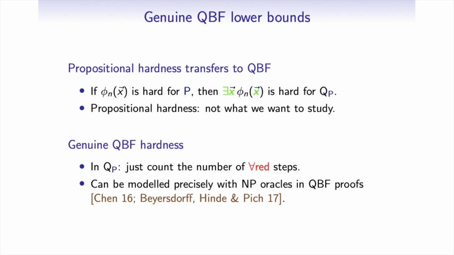So what's left after you remove the hardness from P? It turns out that in QP we can just count the number of for all reduction steps. That gives us a measure of proof size which removes any form of hardness coming from resolution. And in fact, this can be modeled precisely in a very neat and tidy way by allowing an NP oracle in your QBF proof.